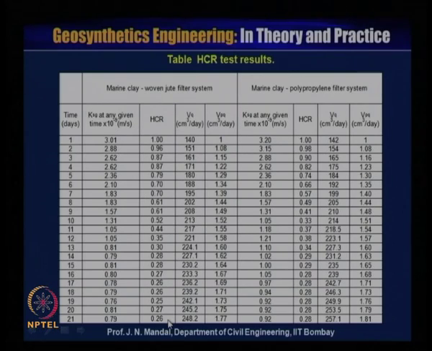The V_p value in centimeter cube per day is calculated as 140, 150, depending upon days. Then V_pq in centimeter cube per day, this is 140 by 140, and then the next is 151 by 140, 1.08, then 161 by 140, this is 1.15, 171 by 140, 1.22.